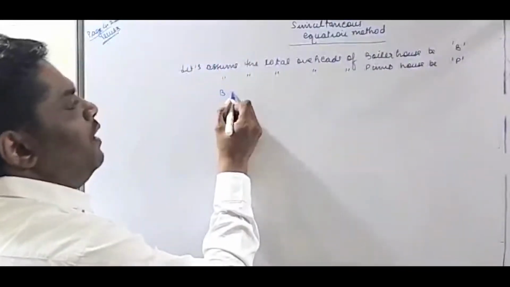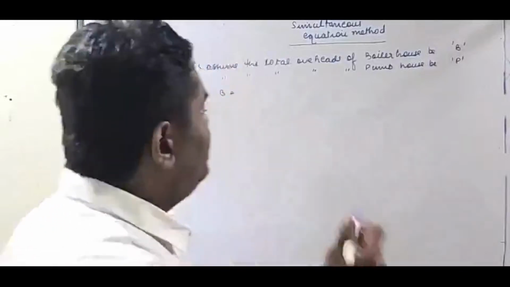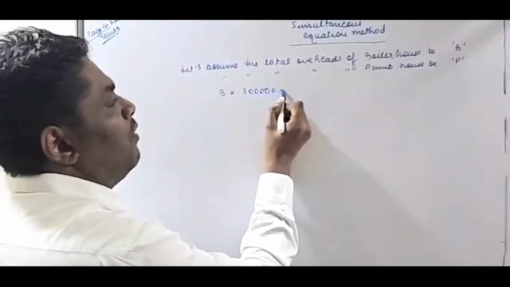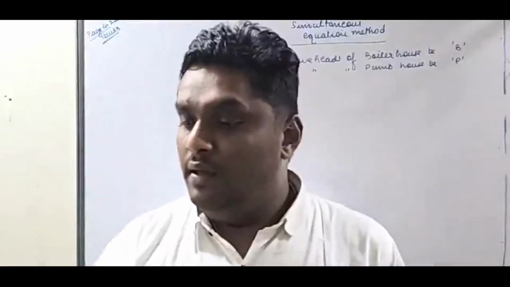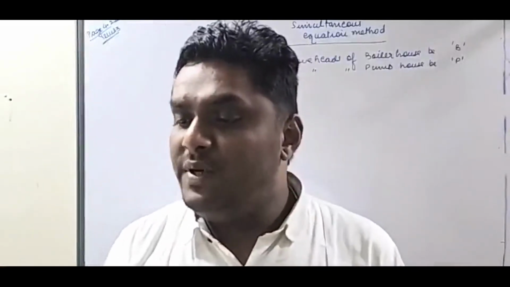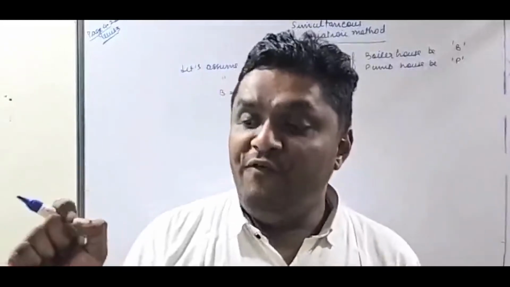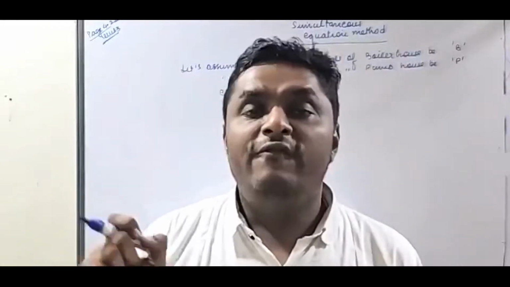So B will be equal to what? 3 lakhs plus certain percentage of P. And it is given in the question that 50% of the pump house overheads will go to the boiler house.